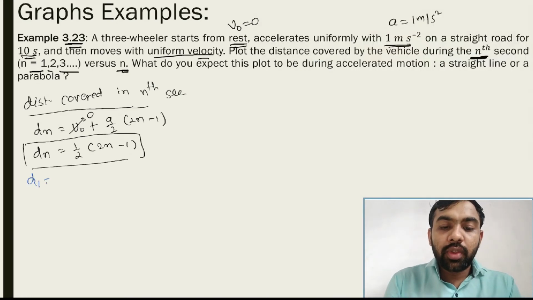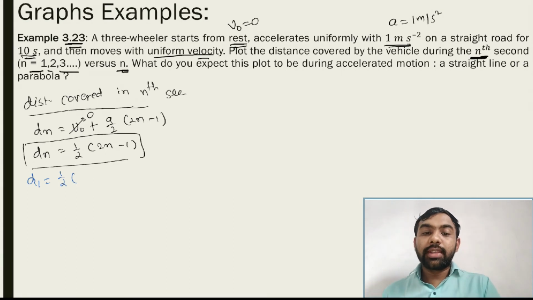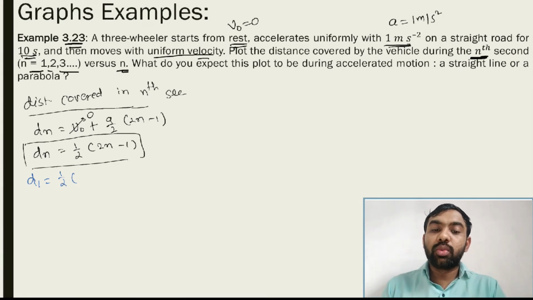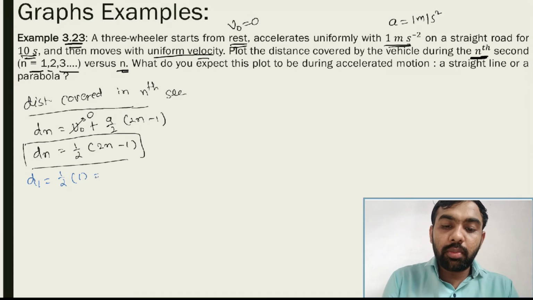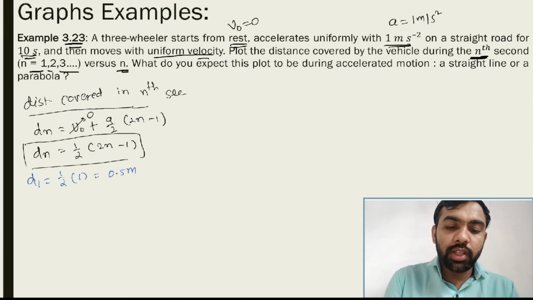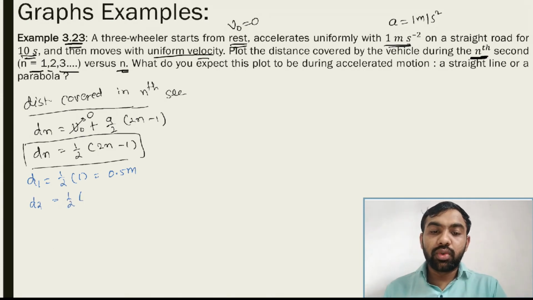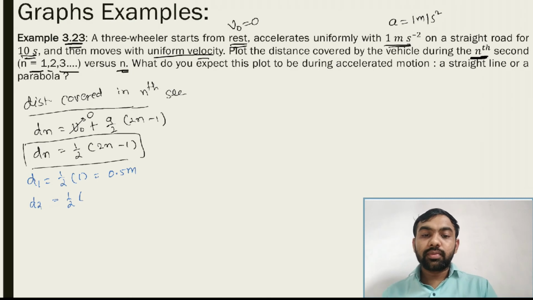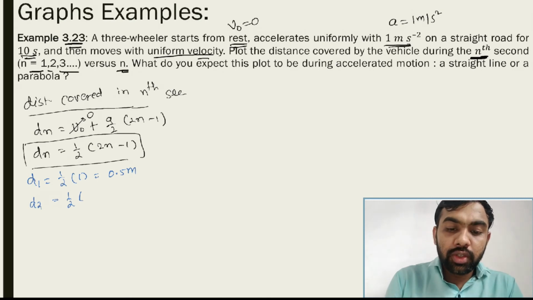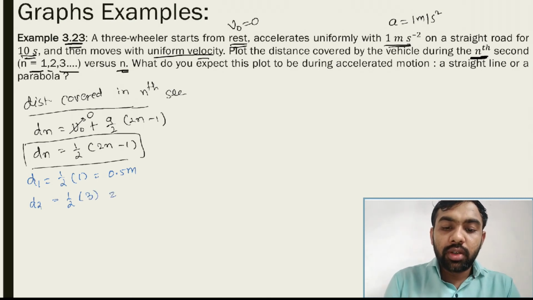So d1 is equal to 1 by 2 into (2 minus 1), put n is equal to 1, that is 0.5 meter. What is d2? 1 by 2, put n is equal to 2, 2 into 2 is 4, 4 minus 1 is 3, so the answer is 3 by 2, 1.5 meter.